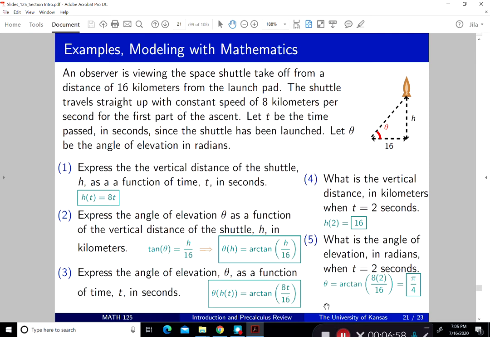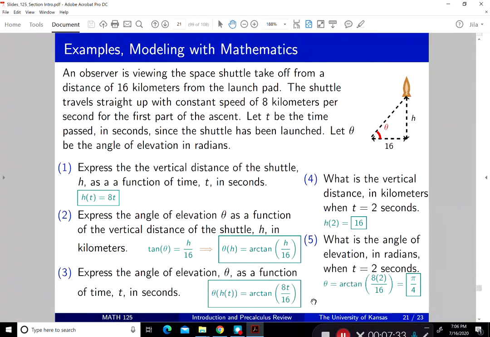So one thing that we want to notice, before moving to the next example, is this. When you relate theta to a function of time, or theta as a function of height, this relationship in calculus lets you also relate the rate of change of theta to h or time, either one.